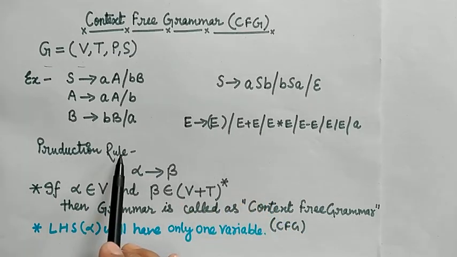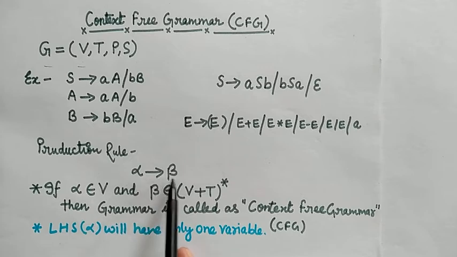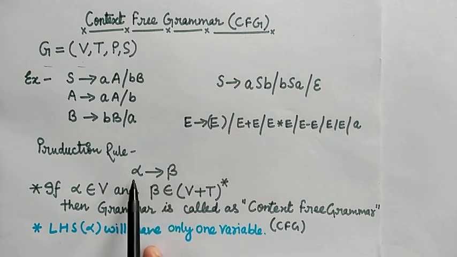And what is a production rule? It is alpha to beta. That means alpha can be replaced by beta. So this is the LHS part and this is the RHS part.